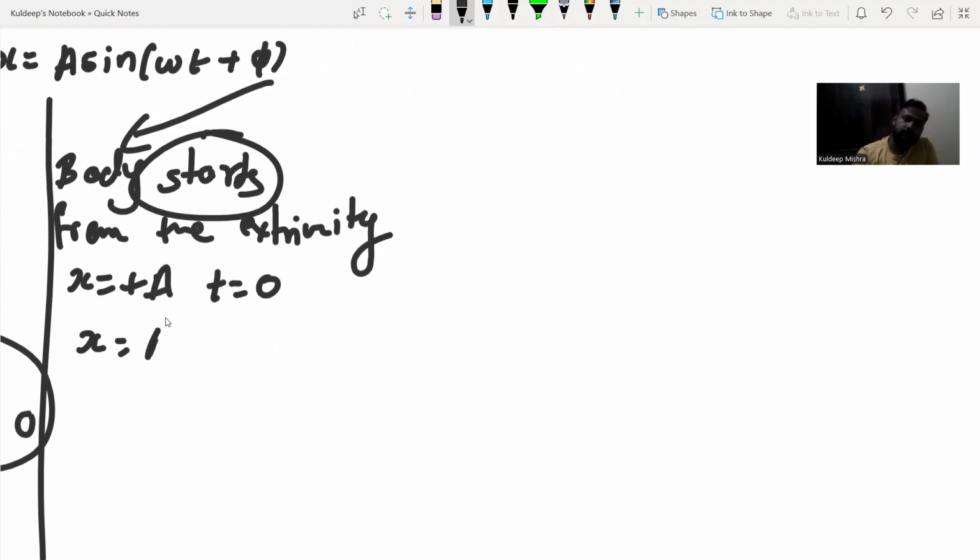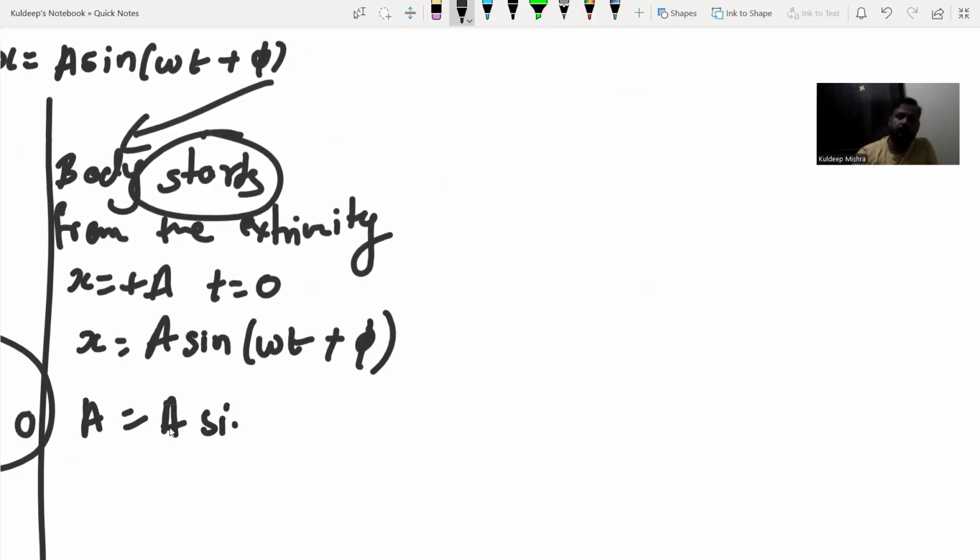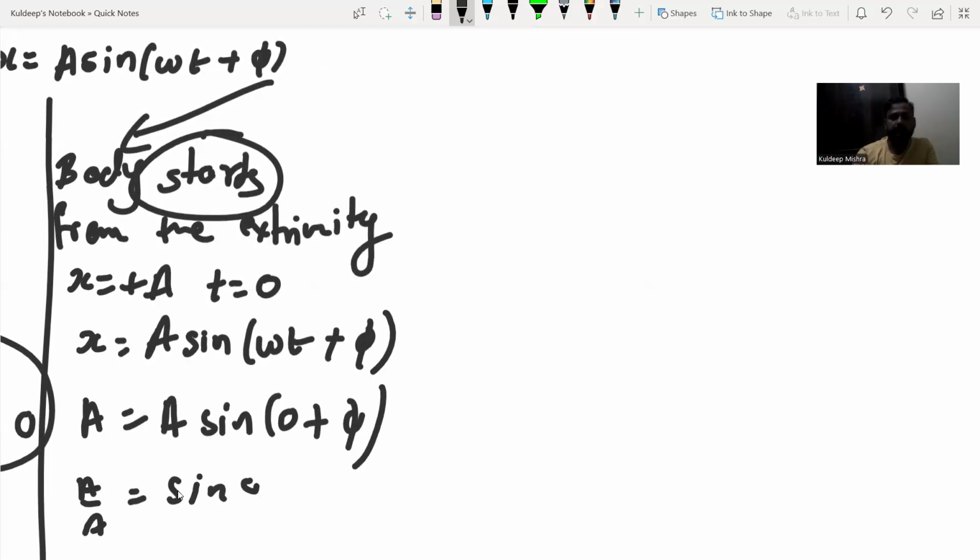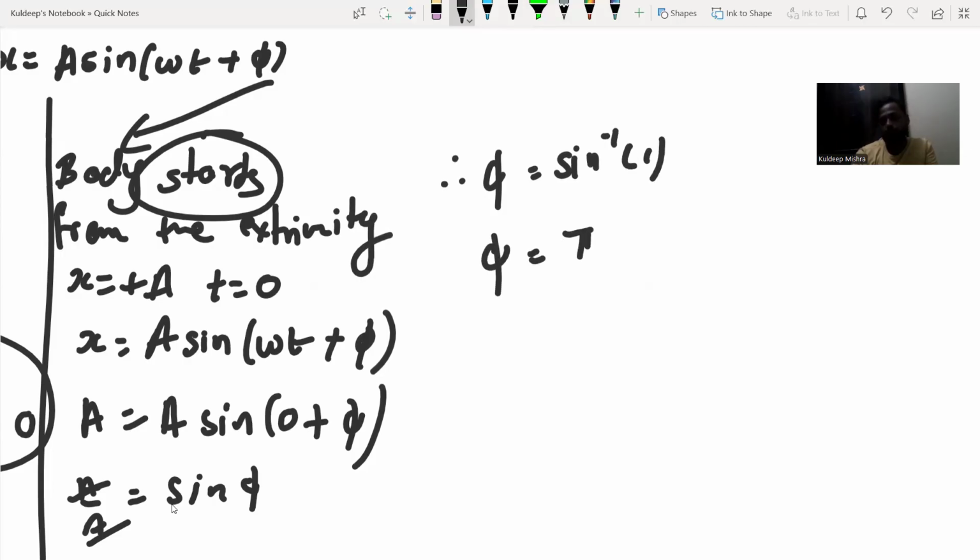So x is equal to a sine of omega t plus phi. A is equal to a sine of 0 plus phi. A upon a we know is 1, sine phi. So therefore, phi is equal to sine inverse of 1, which is pi by 2.